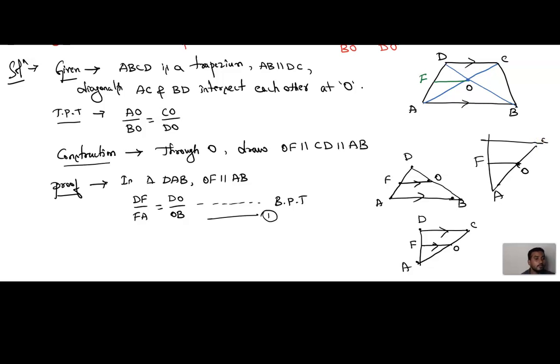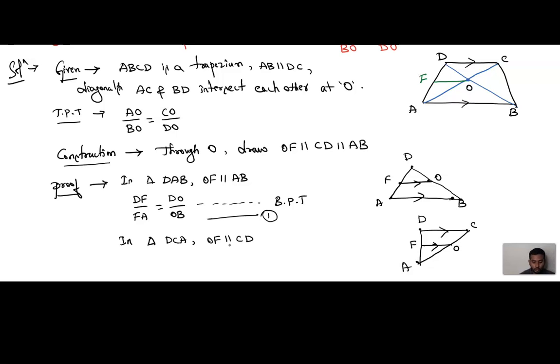Got it? Now we can say that in triangle DCA, we know that OF is parallel to CD.